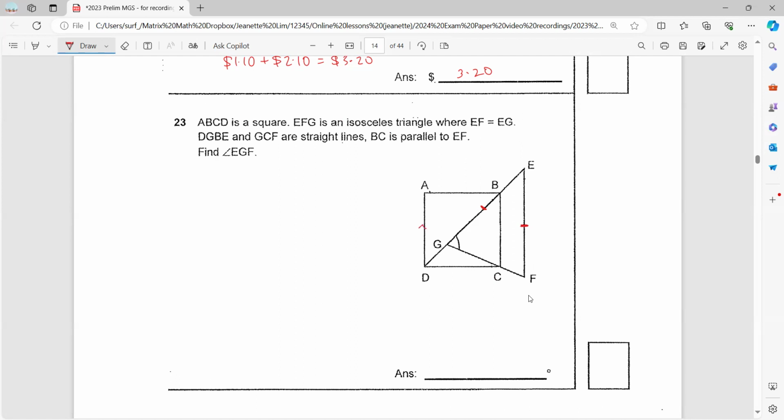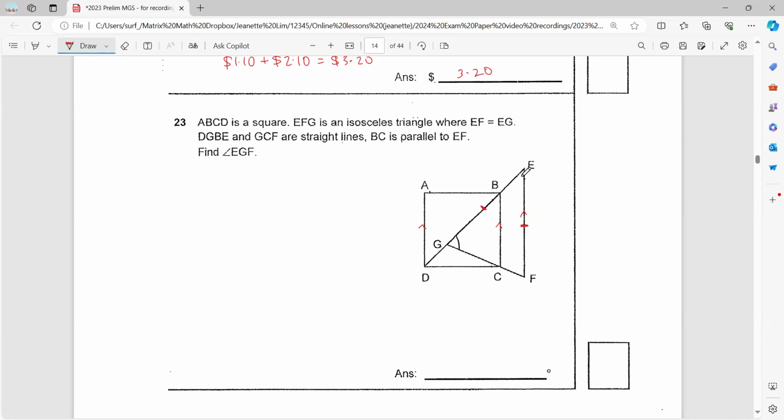So parallel lines. Find EGF. Right, so we have a square and then we have an isosceles triangle.